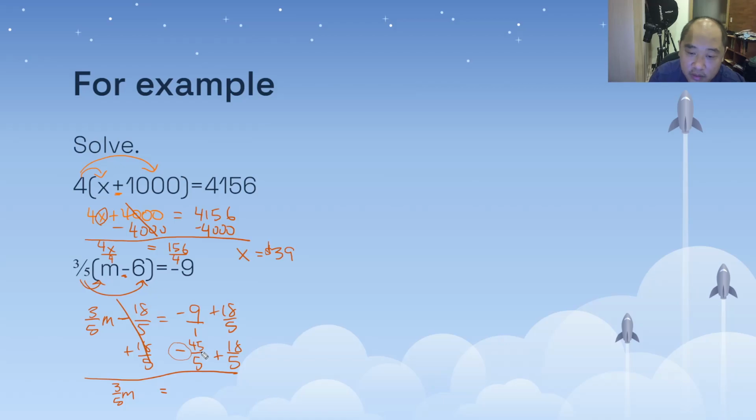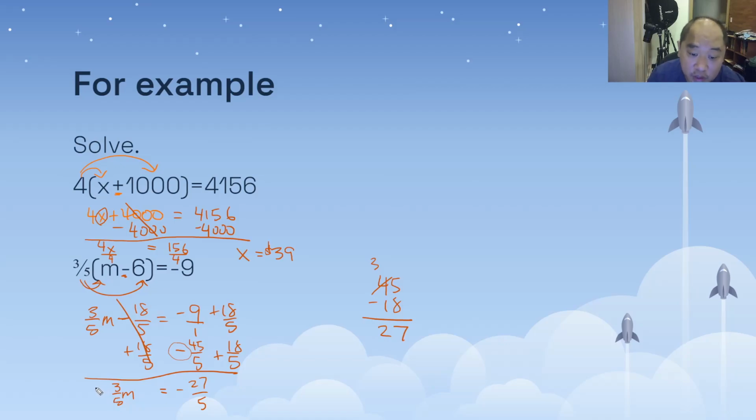So 45 minus 18 is 27. So negative 27 over 5.